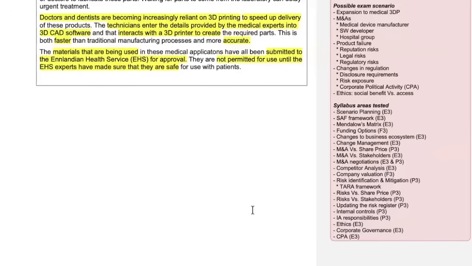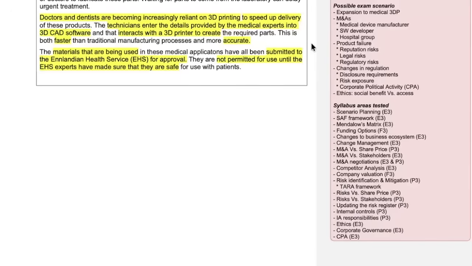And also when pursuing this type of expansion, we can opt for mergers and acquisitions with a medical device manufacturer, or it could be us merging with or acquiring a software developer, or a hospital group.